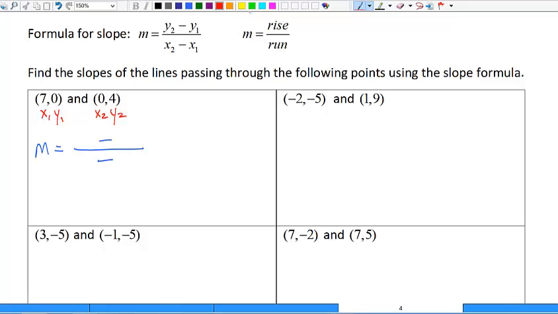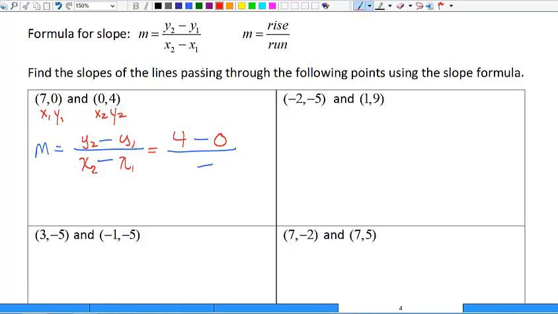So my formula says y2 minus y1. Who is my y2 here? Let me go ahead and just write it out one more time. So notice that there's minuses in the formula. Who's my y2? y2 is 4, minus, the blue minus there because there's a minus in the formula, y1, which is 0.